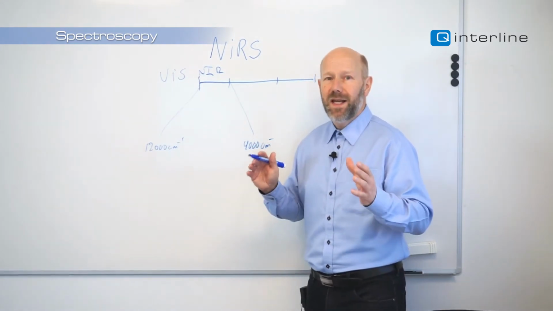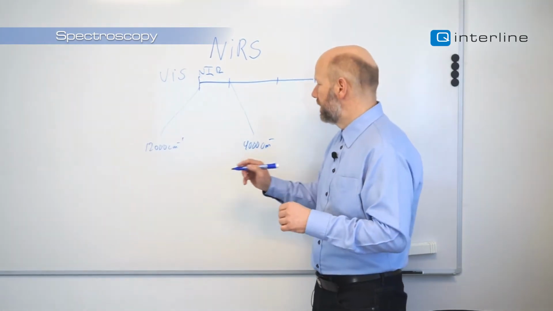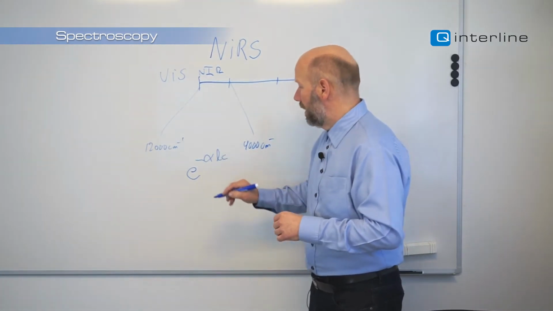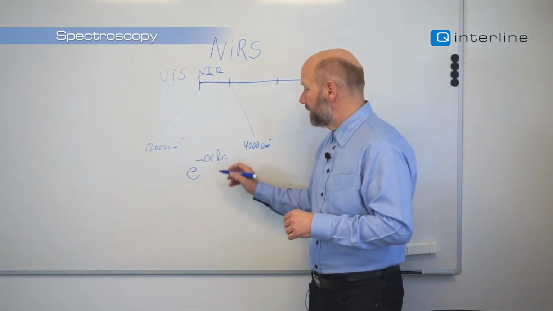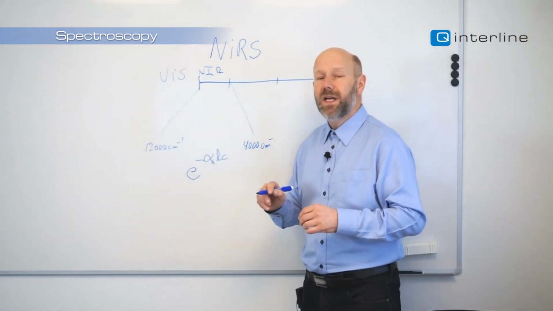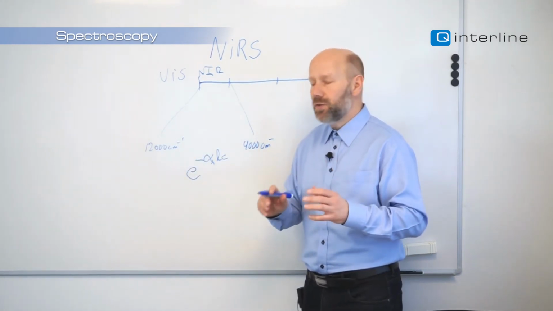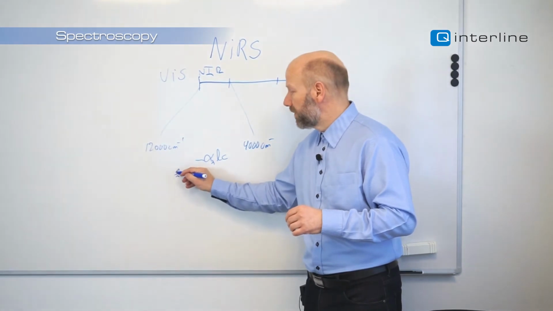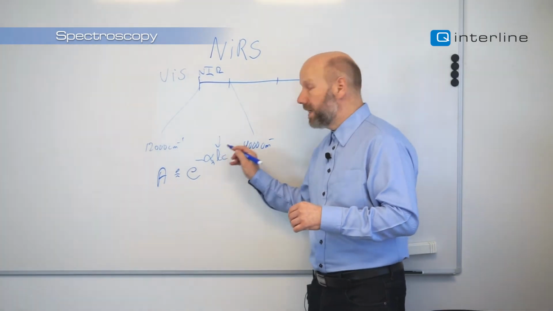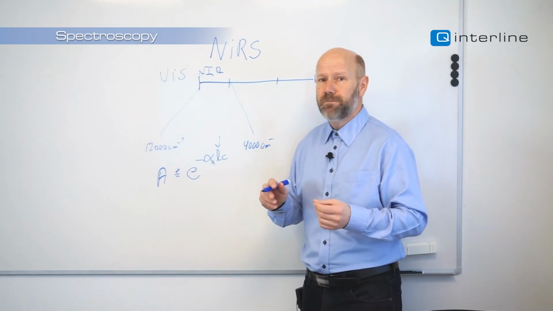The spectroscopy in NIR follows basically the same rules. That means we still have our good old friend e to the minus alpha LC. We just have a little lambda there, and this extinction coefficient runs very thin when we get to the near-infrared. Hence, in order to get a reasonable absorption, since the concentration is the same, we can simply work with much longer practical distances.